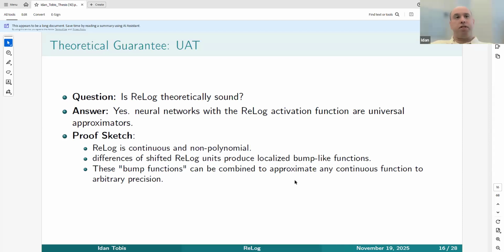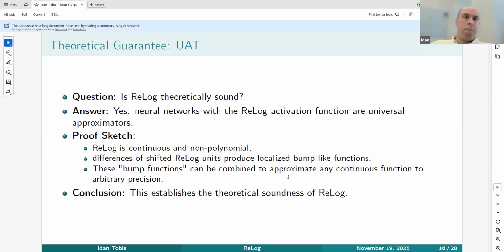I will just give a proof sketch. It was already shown that if you have a function which is continuous and non-polynomial, which in our case, the ReLog is continuous and non-polynomial, then what we are doing is shifting ReLog units to produce localized bump-like functions, and those bump functions are then combined to approximate any continuous function to arbitrary precision.